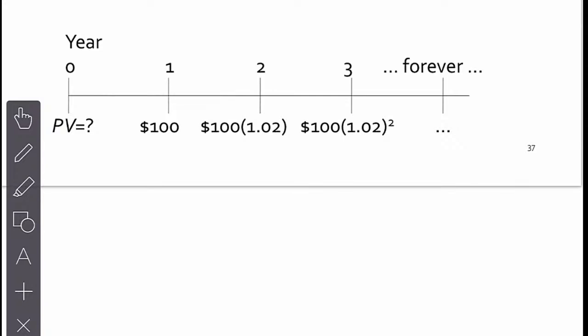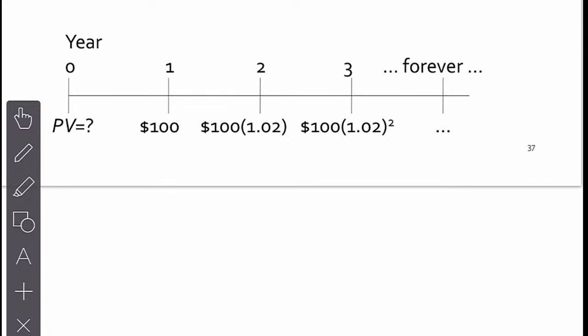And so this cash flow, the second one, is higher than this one by 2%. And then the third one is higher by another factor of 2%. So factors accumulate with a higher power, and this will go on forever. So this is a situation of a growing perpetuity.